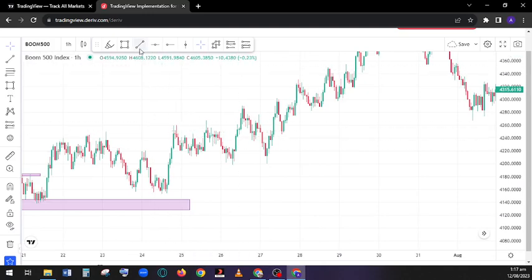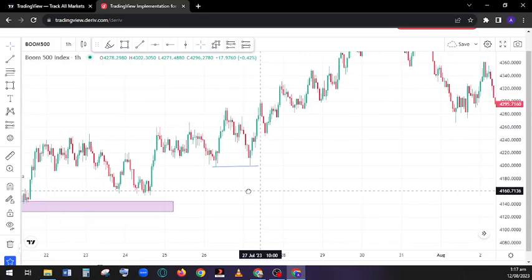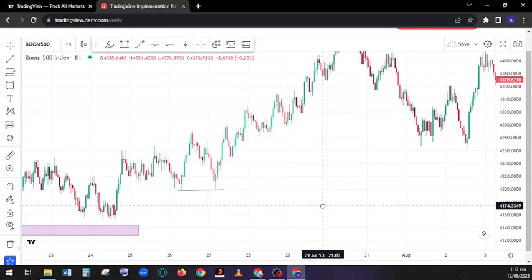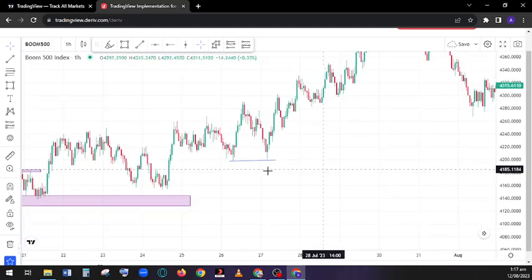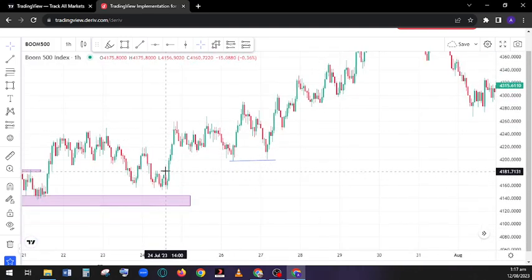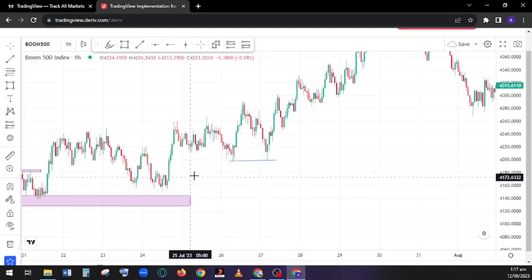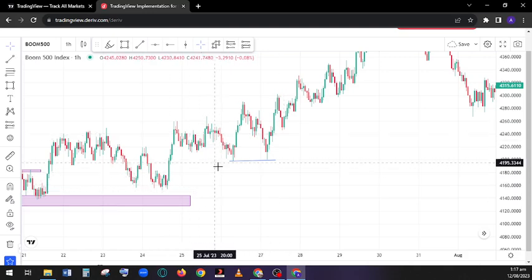So those of you that are able to identify, for instance, somebody will say here is double bottom. Okay, so they want to trade it based on that chart pattern. Okay, the probability of this being taken out and price tapping into this area is very high.